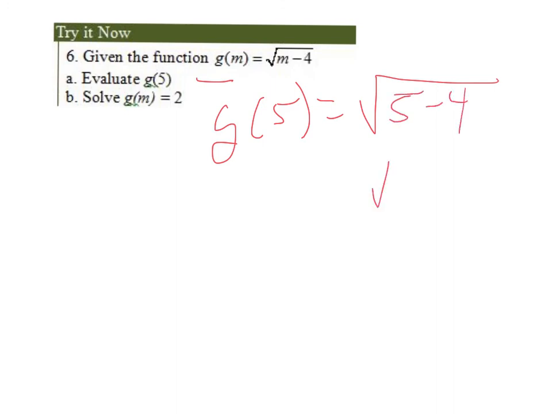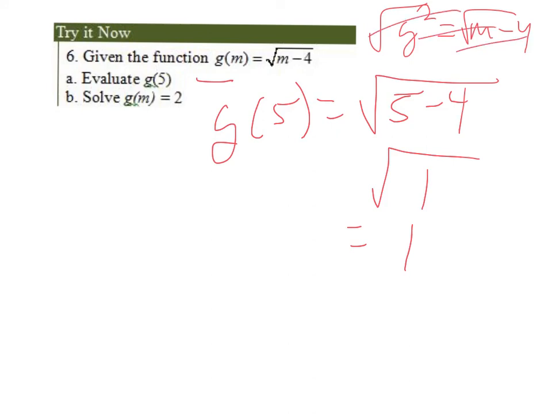Then I'm going to follow order of operations, of course. So 5 minus 4 is 1. Square root of 1 is 1. Notice we're taking a square root, but we aren't solving like G squared isn't equal to M minus 4. So it isn't like we're taking the square root of both sides where we got to worry about plus or minus. They have already given us the positive square root.